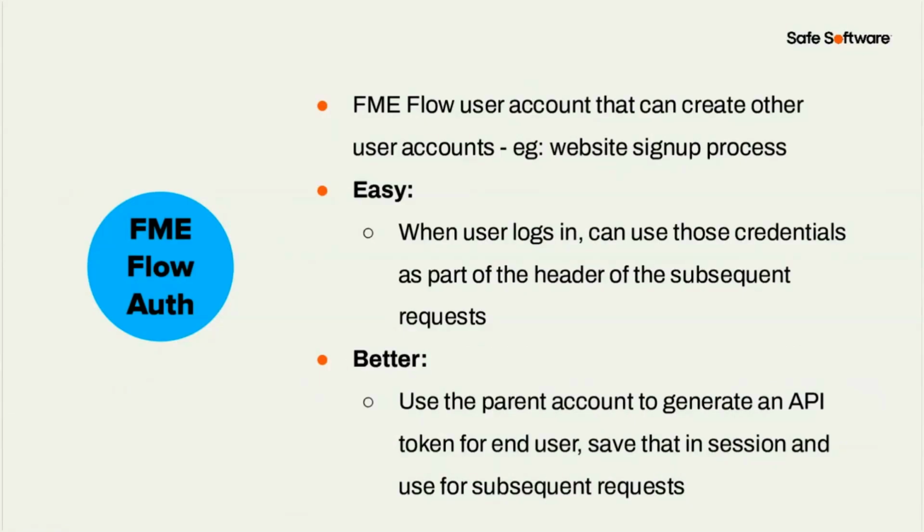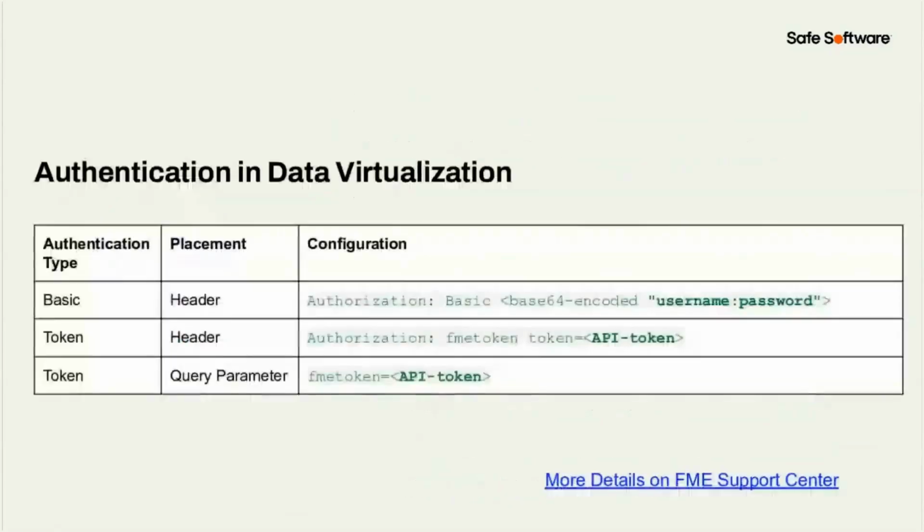Authentication using the FME Flow model is pretty straightforward as well. When you're making requests to a data virtualization endpoint, you've got three different ways you can pass through the authentication components. You could use a header with the username and password encoded. My preferred method is the second option here, generating an API token for each user and then passing that through as part of the header.